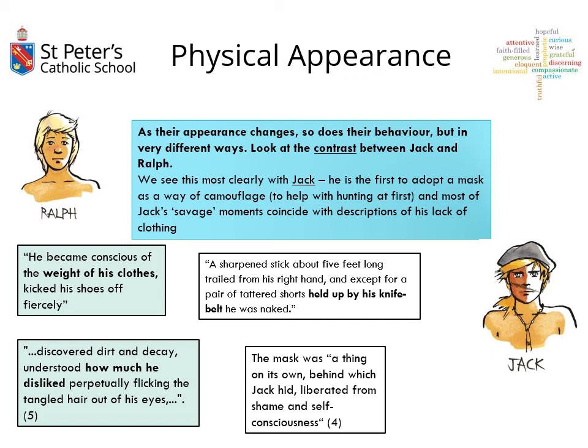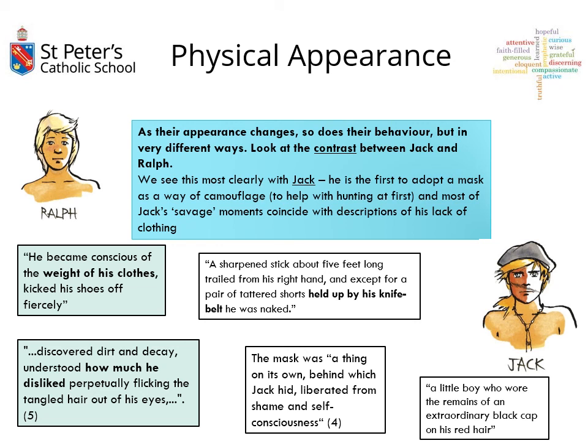What we see in Ralph and Jack is that physical appearance changes for both of them inevitably because of the environment they're in, but because of their presentation in the novel, they're different, they're contrasting natures. One copes with it very well and adapts to it and changes with it, but for Ralph, he struggles with it all of the way through.